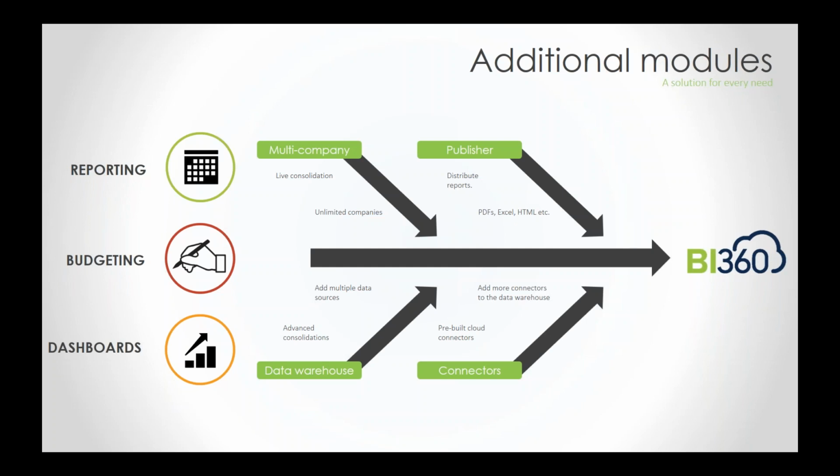And to the data warehouse, we do offer some pre-built cloud connectors, for instance, for Salesforce, etc. And we're adding more connectors as we go. And you can always connect to any source system by using what's called SSIS, meaning it's an integration service within SQL Server. So that can connect to basically any type of data source.